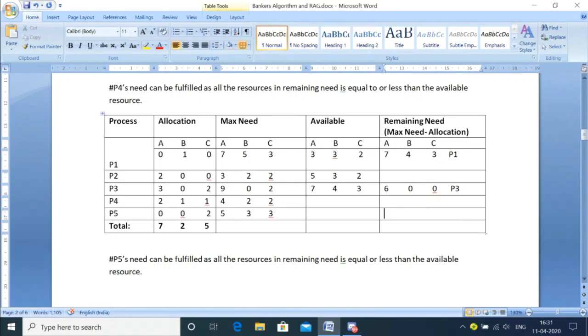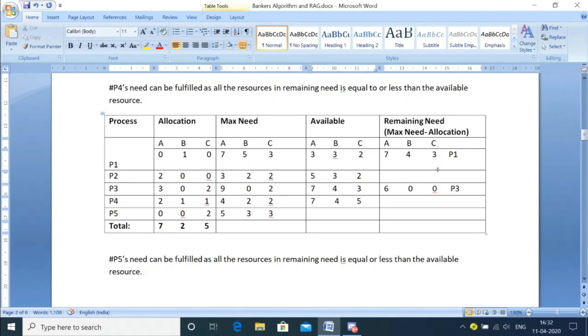These values will be added to the available. So how much will it be? 7 plus 0 is 7. Then 4 plus 0 is 4. Then 2 plus 3 is 5. Okay, so this is the availability. Now this many resources are available.